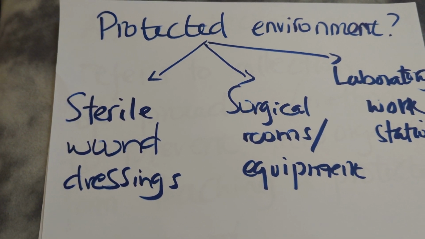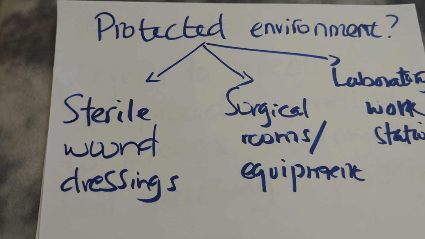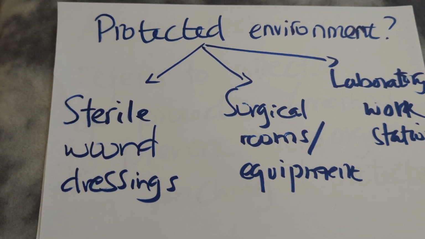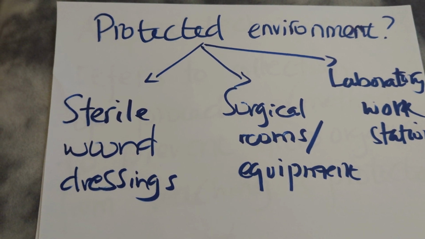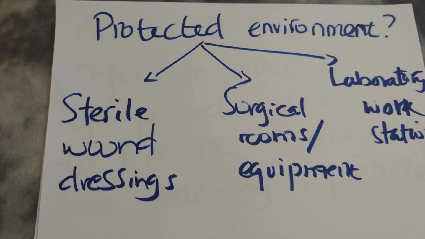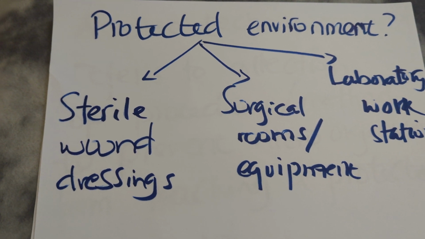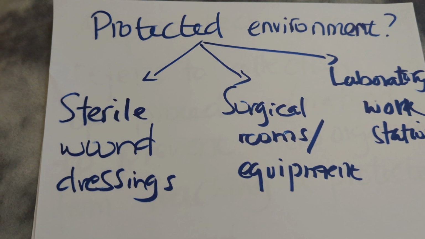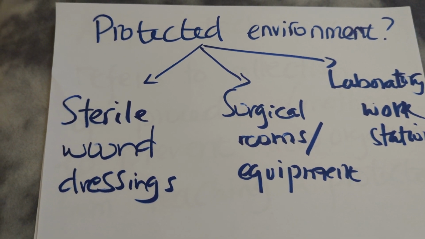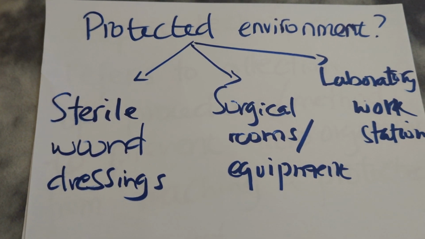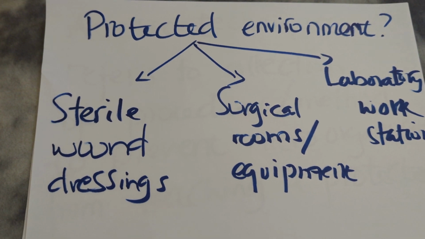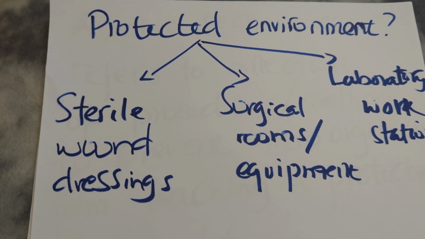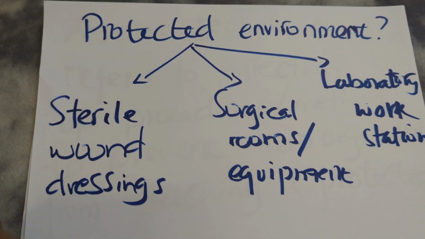The list goes on and on, but we are basically saying that in your day-to-day clinical life, you are always trying to minimize the pathogens on all the surfaces, in all the procedures, and so on.